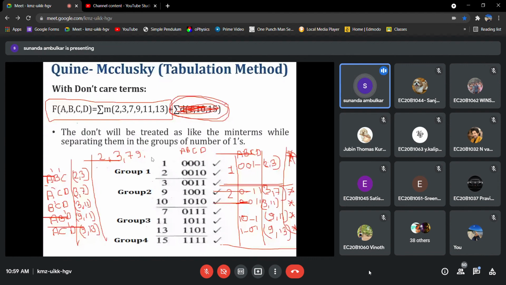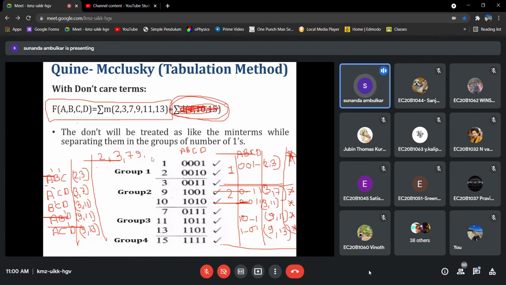Next is while making the prime implicant table. There is only one difference while making the prime implicant table. Here in the prime implicant table, we take three things: the prime implicant, the combination of decimals which makes the prime implicant, and the min terms. In the last min terms column, we have to take only the min terms for which the binary expression is true, and we don't need to take those terms which are don't care terms.